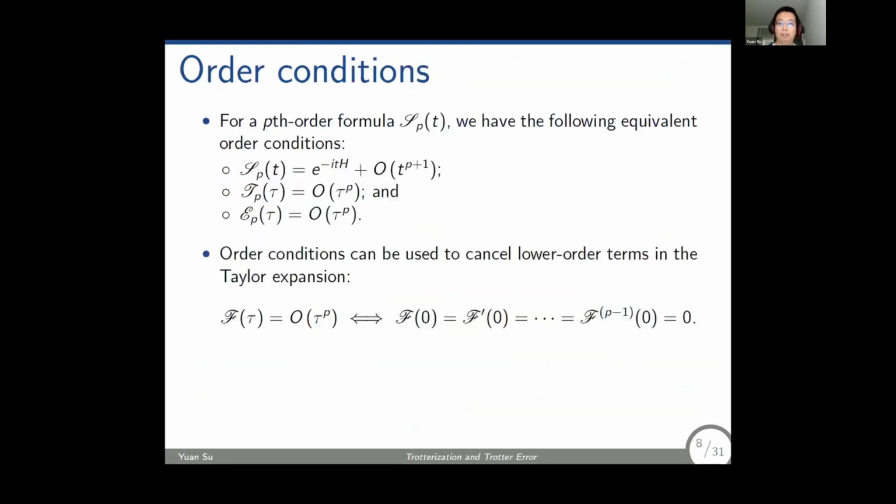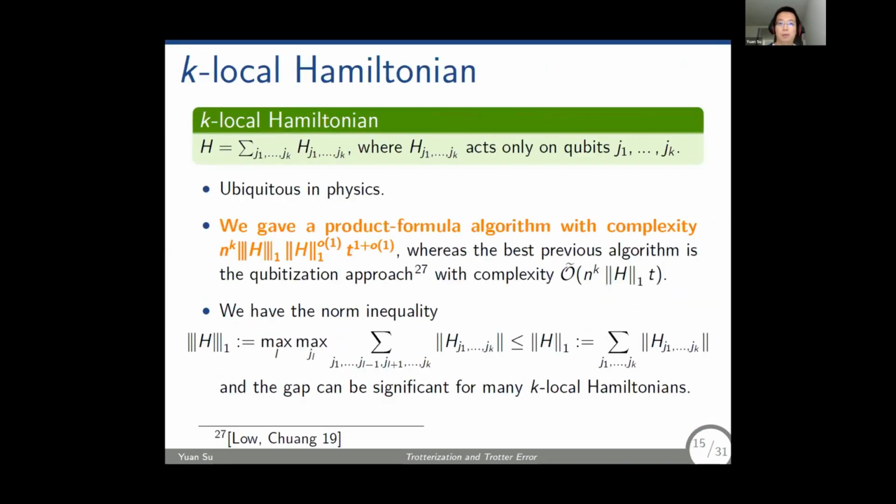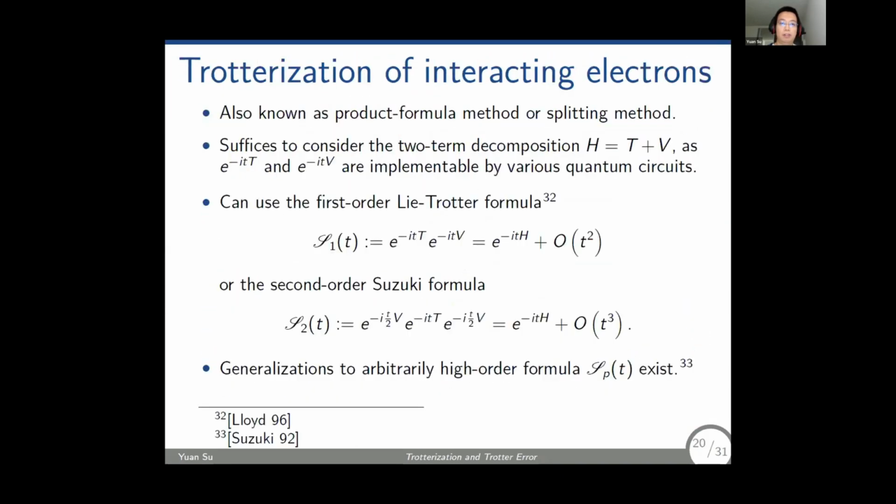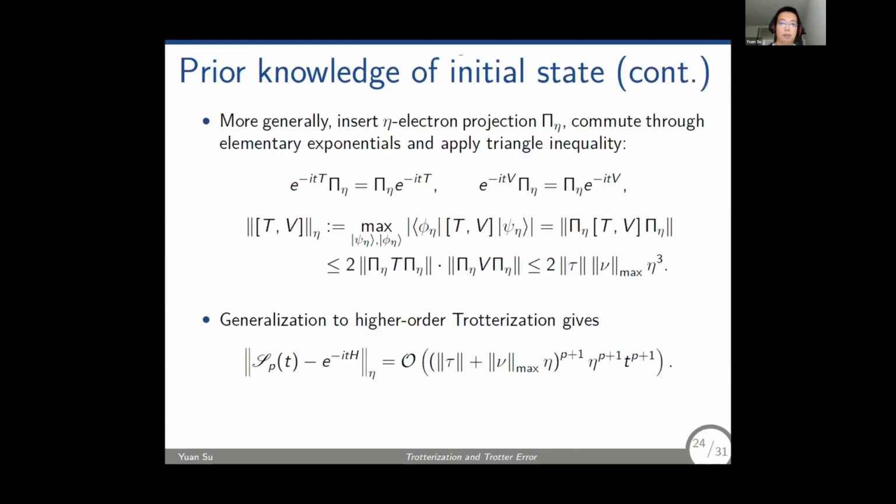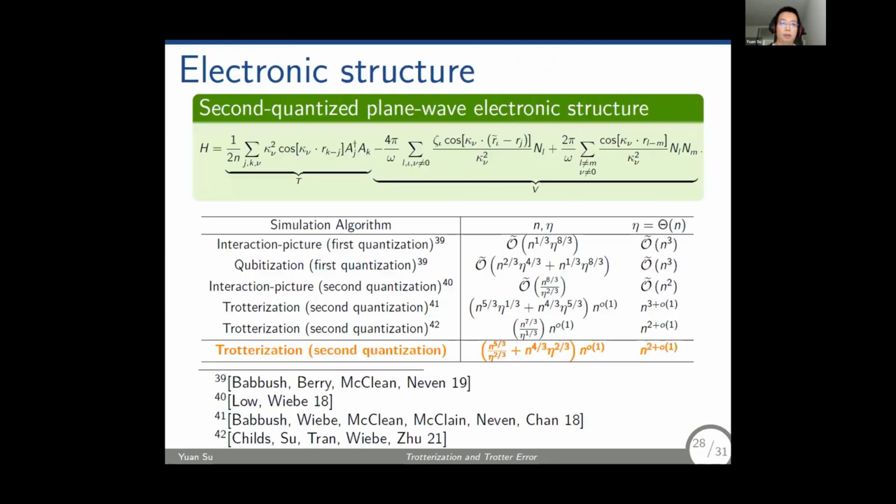Well, there are many settings that you can consider for simulating quantum chemistry. One setting that we considered is simulating the so-called second quantized plane wave basis electronic structure using Trotterization. It turns out that when you actually apply Trotterization, you get the best possible algorithm in second quantization.